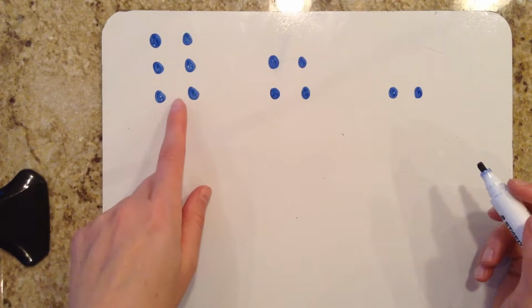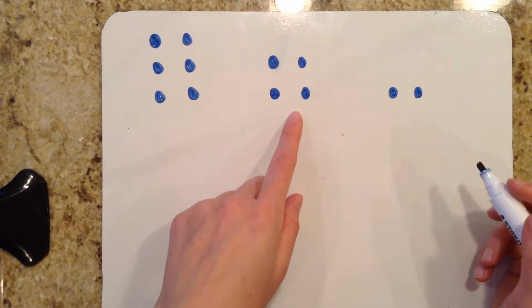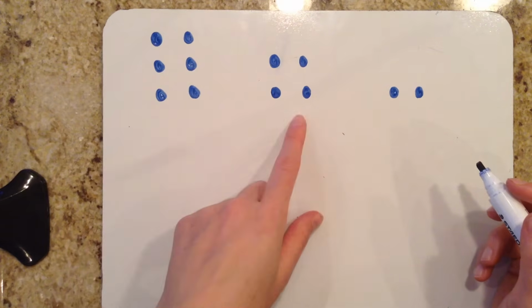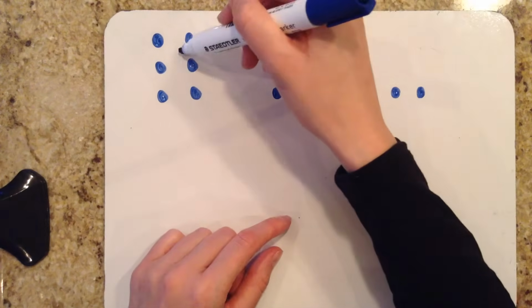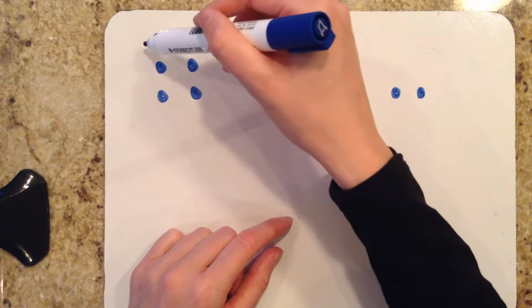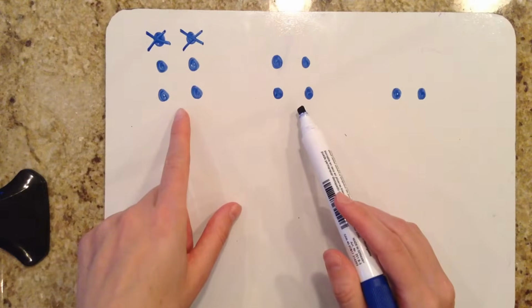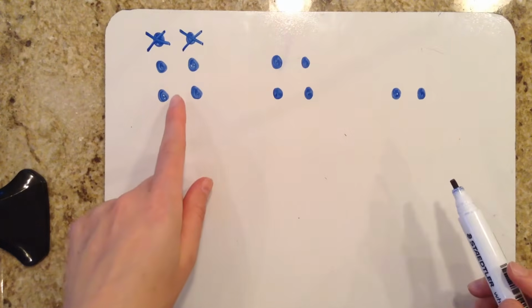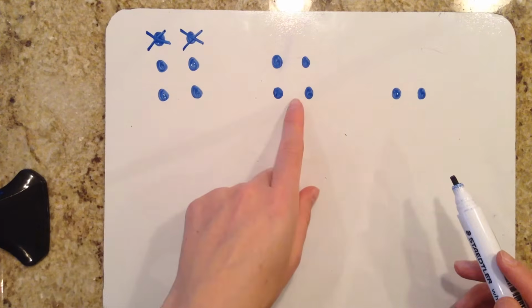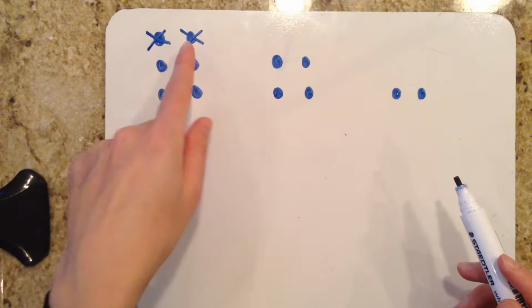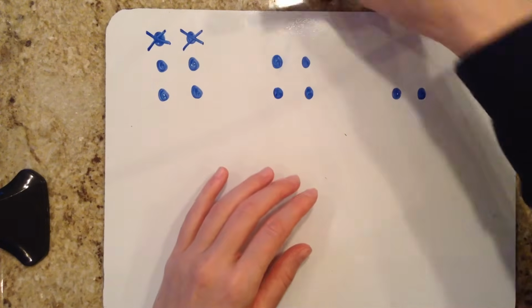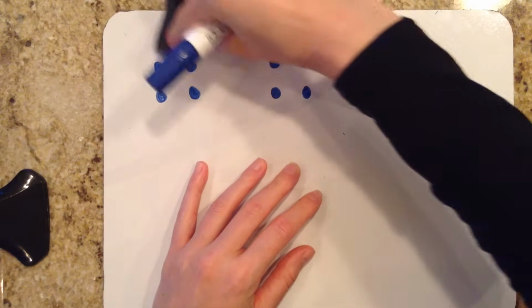How did I move from this term into this one? I had to take some of these dots away to get here. Well, if I took away that one and that one, then it would look the same. So in order to move from this term to the next one, I had to get 2 smaller. Let's see if that's true for the next move.